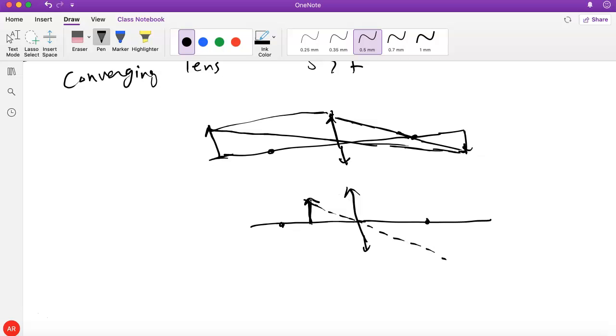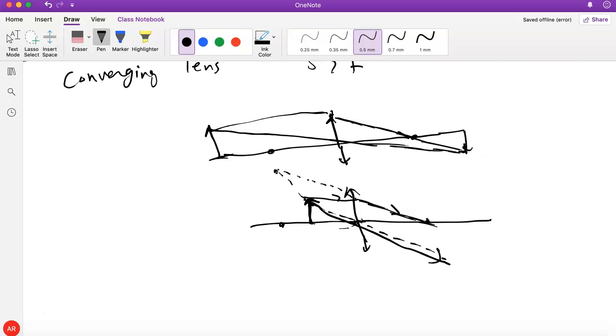If you draw this one ray going this way, and this ray parallel to the optical axis, it goes through the focal point. And because this distance is longer than this distance here, these lines don't cross on this side, but if you trace them back, they would cross on this side.